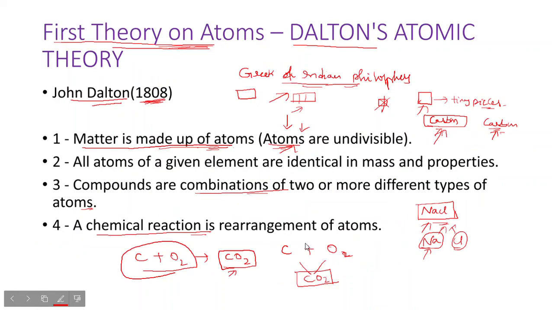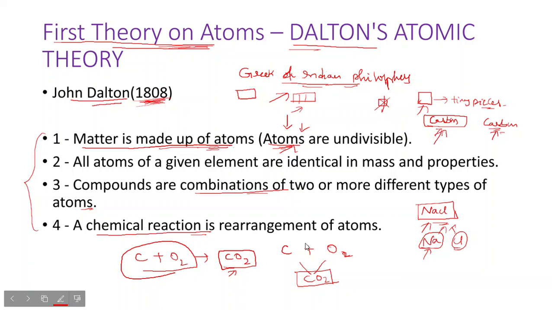The first scientific theory on atoms was proposed by John Dalton in the year 1808. Okay, and we have learned the key points that his theory made.